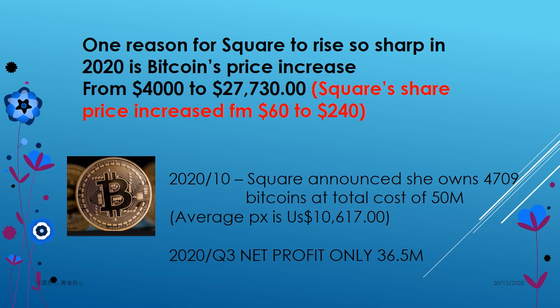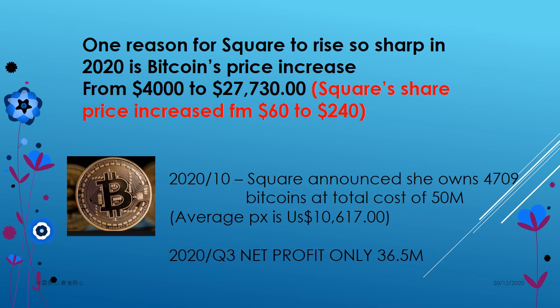How to buy things using Bitcoin? You have to use some platform, and Square is one of the platforms. You can use Bitcoin on Square's platform. So a lot of people will use Square to trade and buy things with Bitcoin, so it makes the operating net profit of Square increase a lot.